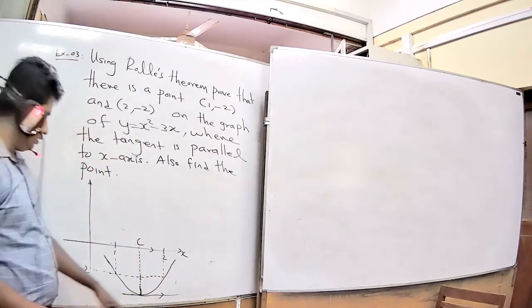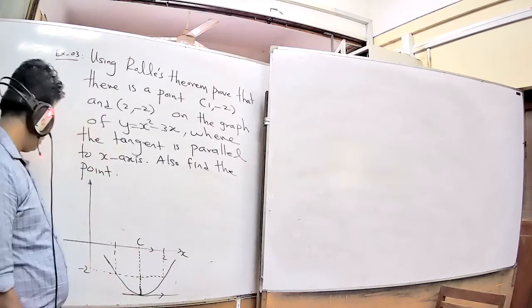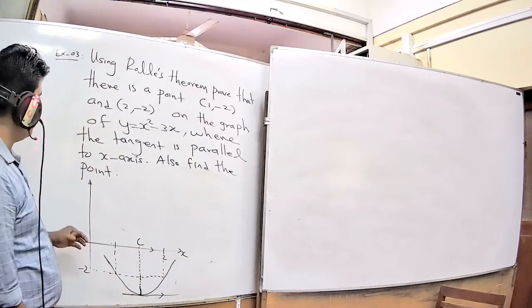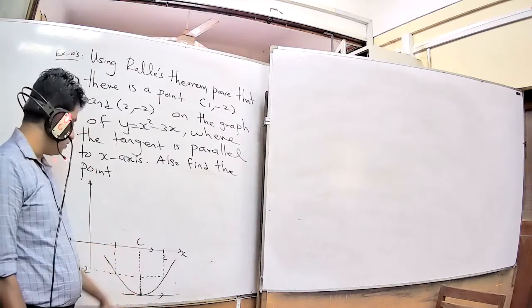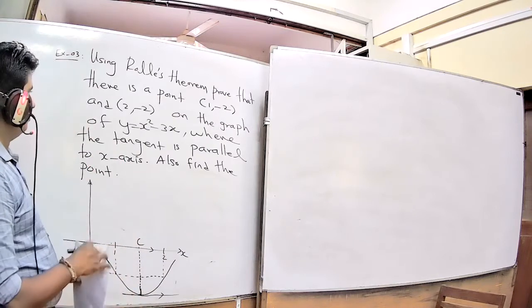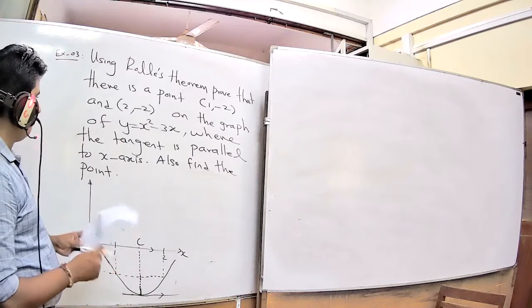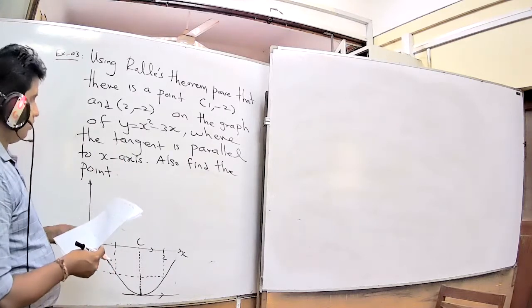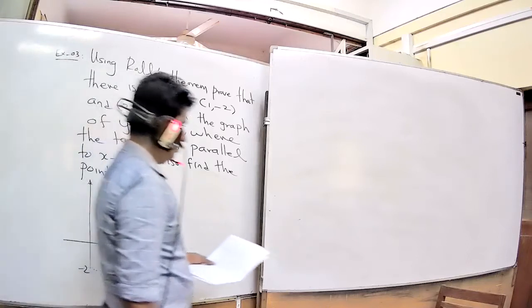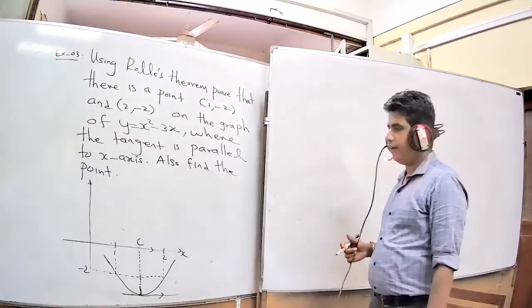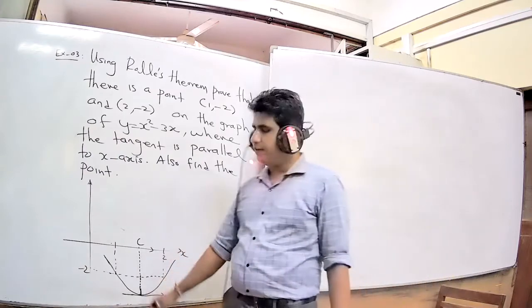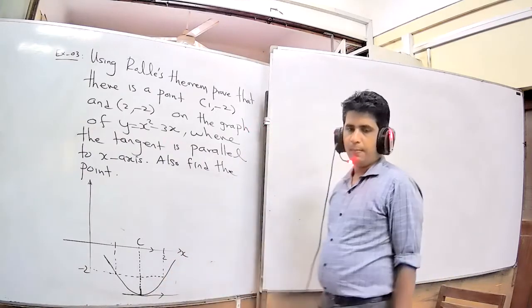They will ask what the value of c is here, and what the f(c) value is. Therefore, you want to use Rolle's theorem and you can find the values of c and f(c). That is the question.